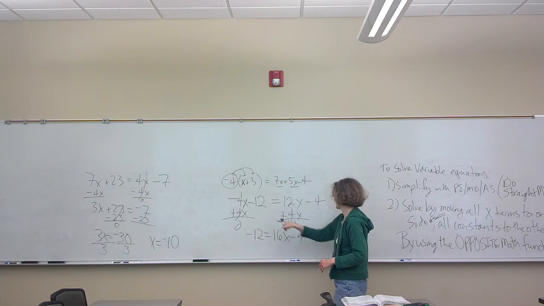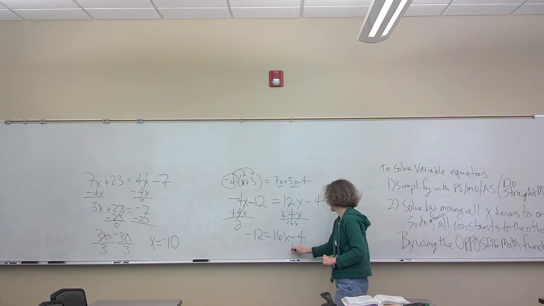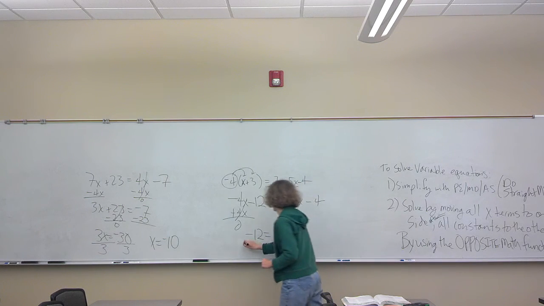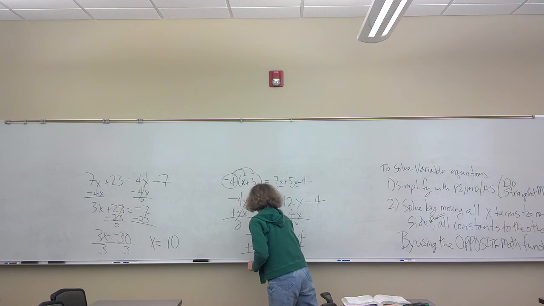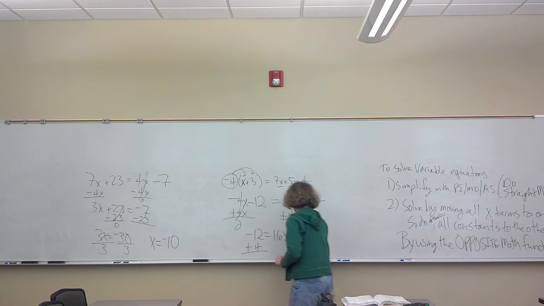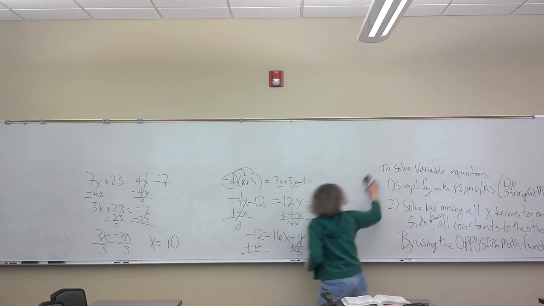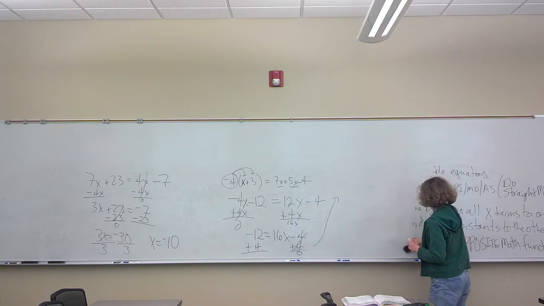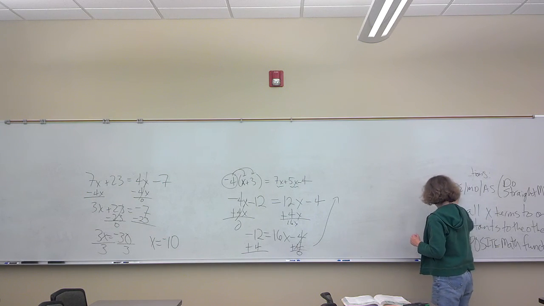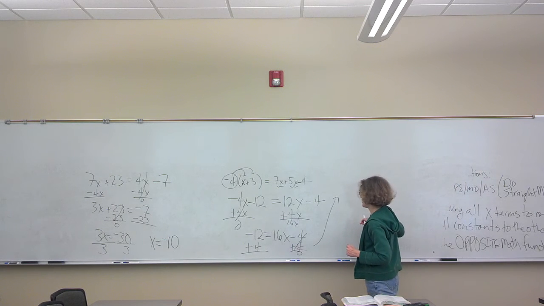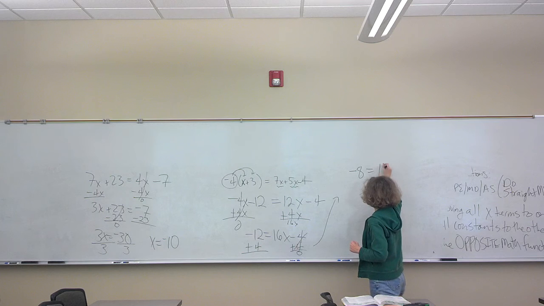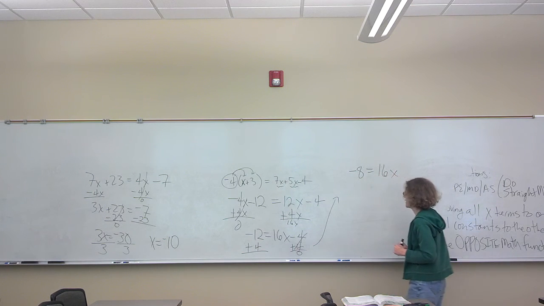So I'm going to move this over there now. So negative 4, so I'm going to do the opposite and add it on both sides. So the 4s are gone over here. So I'm left with negative 8 equals 16x.